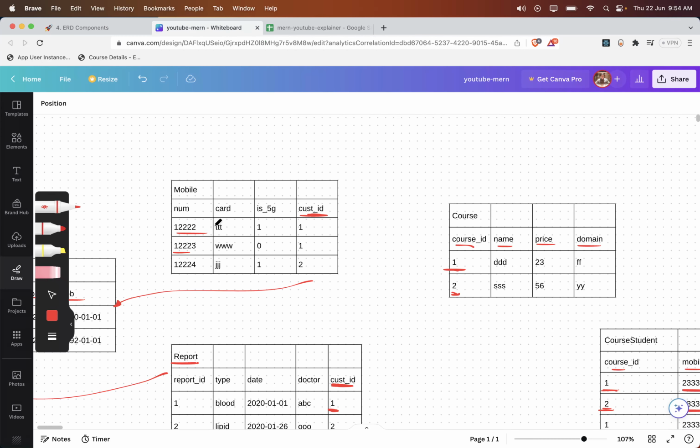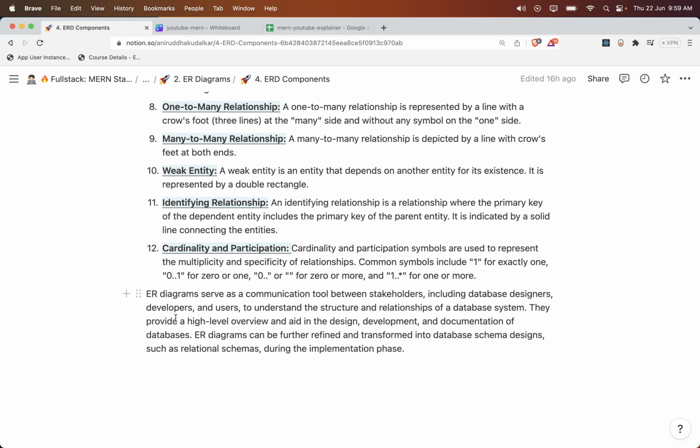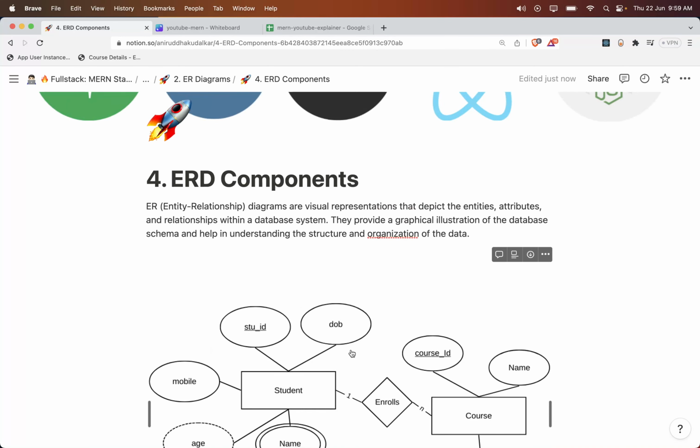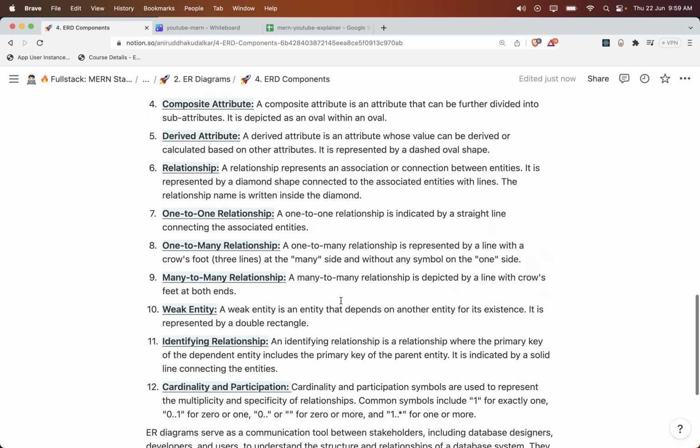ERD is short form for ER diagrams, used as a communication tool between stakeholders, database designers, developers, users, to understand the structure and relationships of the database system. They provide a high-level overview and aid in design, development, and documentation of the database. Remember that entity relationship diagrams are just a picture of your entire database. And these are a few components we have seen.